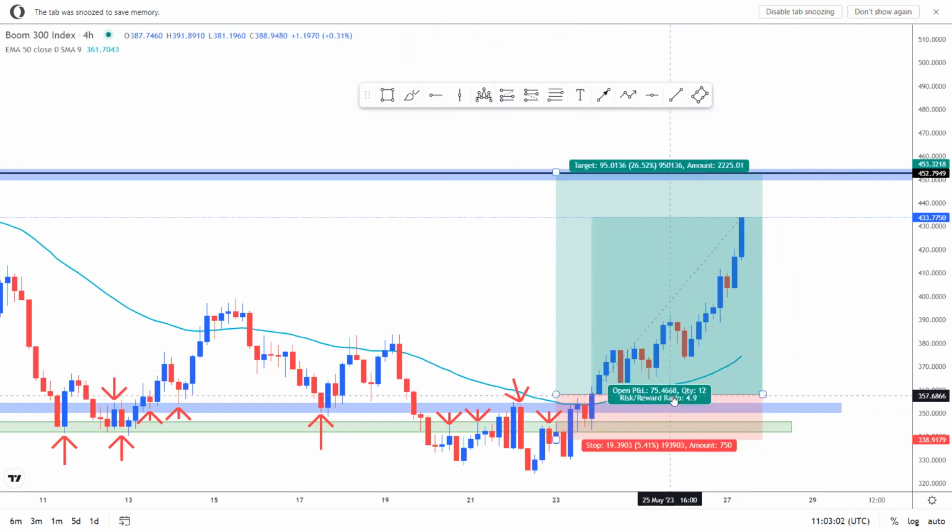And price is clearly just a few pips away from my projected take profit level.